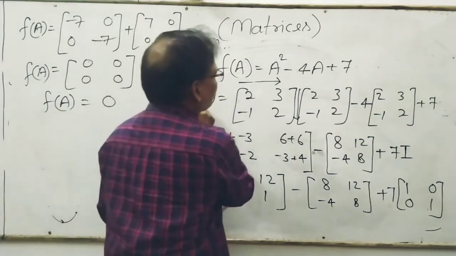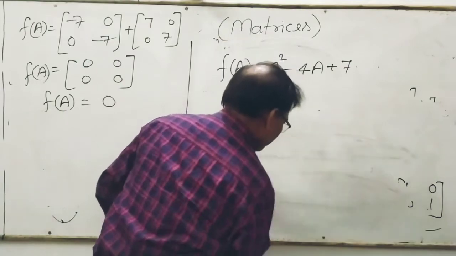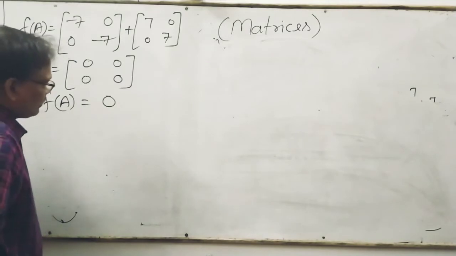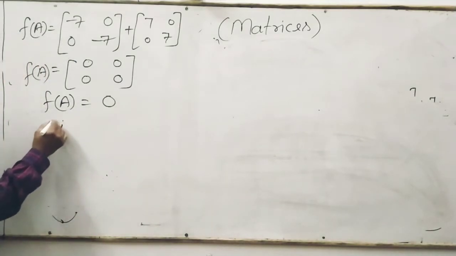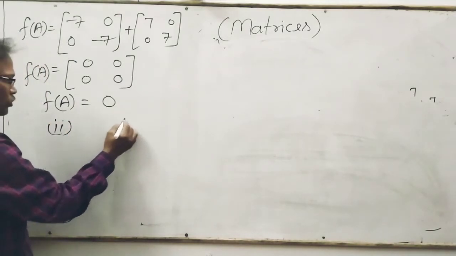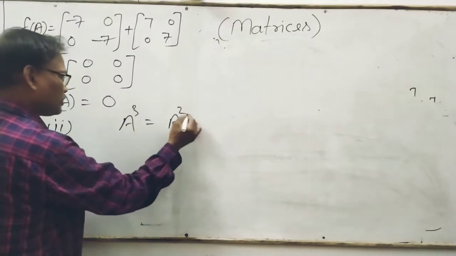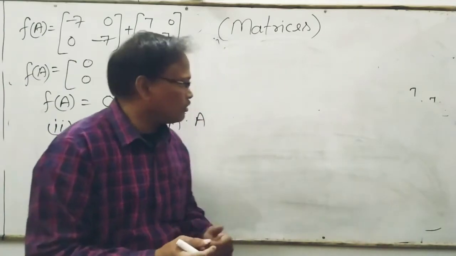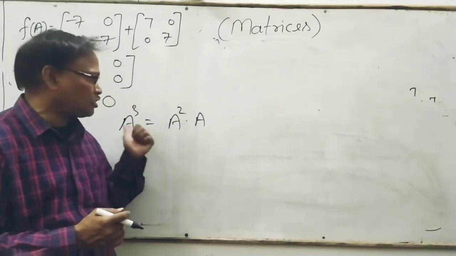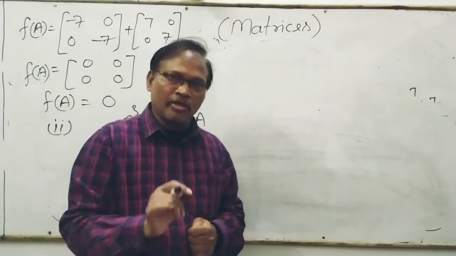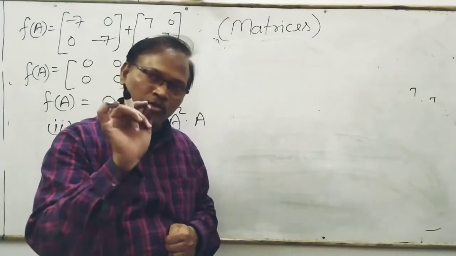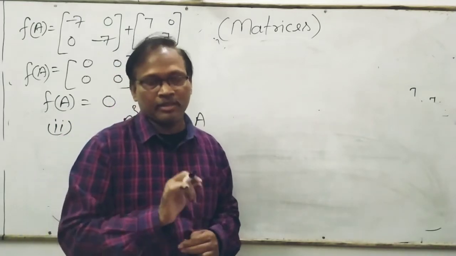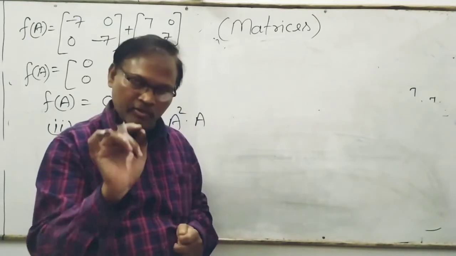If you do A cube is equal to A square into A, and you have already found A square, you cannot multiply by this way. This is wrong. The meaning of hence means you have to use the first part of the question. This is the mathematical meaning of the hence.